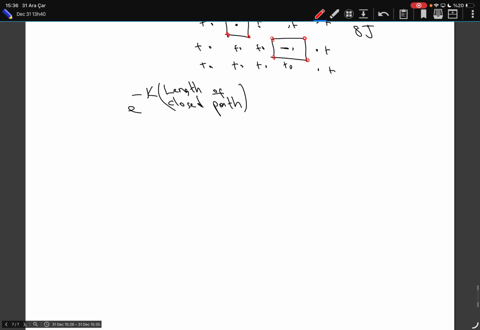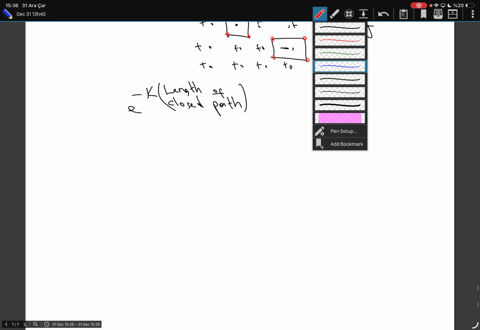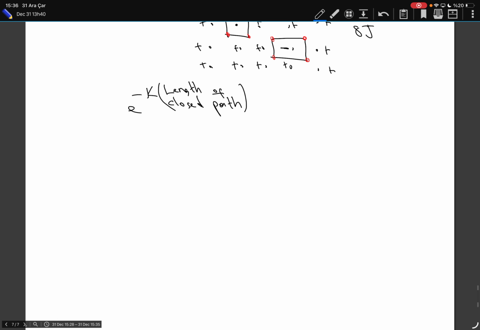Now let's again go back to the triangular lattice. That's a more interesting case. I have these lattice sites. I just imagine all the links connecting my lattice sites.